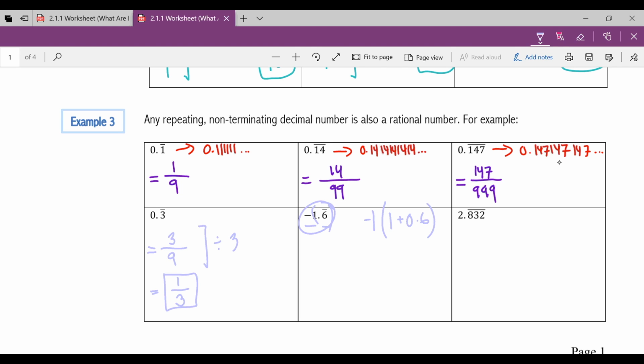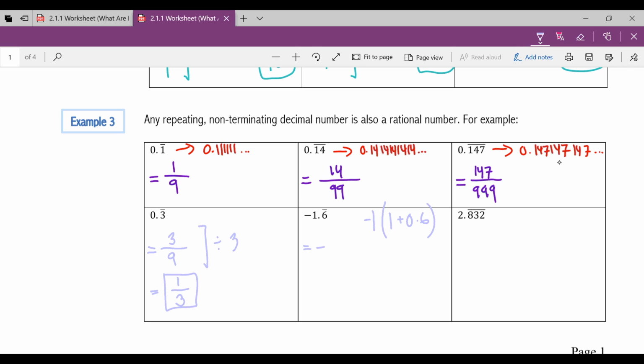So it's not just -1 and then a positive 0.6, it's -1.6. In other words, -1 times 1 plus 0.6. If you see and understand that, then the rest of this becomes easy peasy, because we're going to break this down into fractions individually. So the negative, remember, is multiplied through. So we're going to pull it aside.